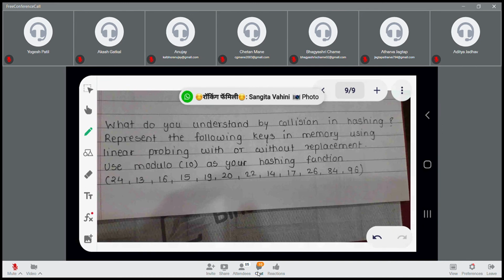You can share your screen to show me the answer. Okay, I will give you 5 minutes. Please try to do the first part. First, try to get the indexes for linear probing with replacement.